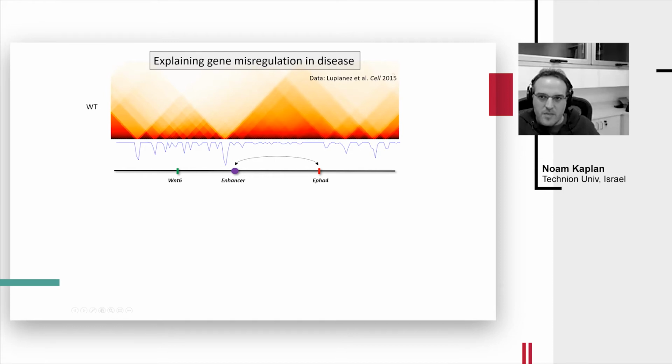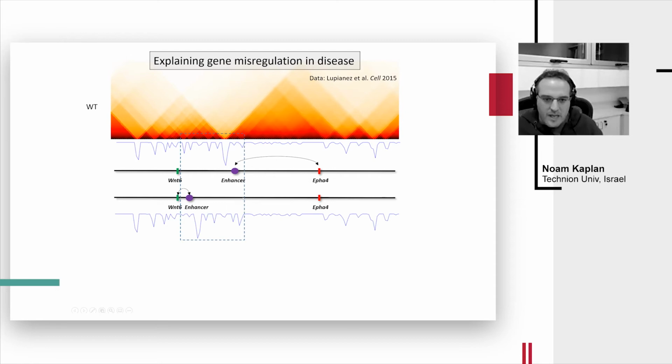So going back to this nice paper by Stefan Mundlos's lab, they have some very nice mutants where, in the wild type, this gene called Fgf4 is activated by an enhancer cluster here in purple. And in a mutant, an inversion occurs for this region. And as a result, the Wnt6 gene here in green gets activated.